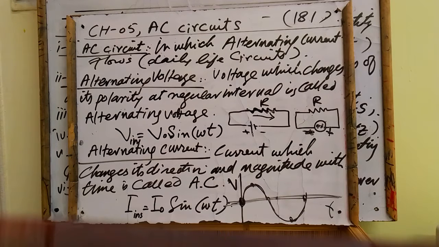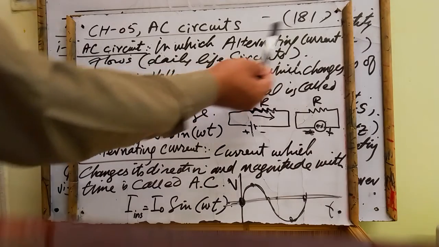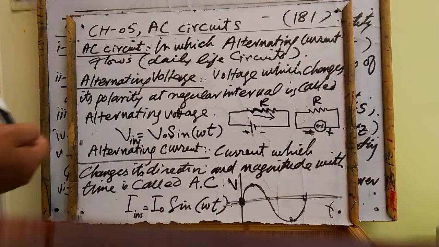Dear students, first of all, let me introduce you to the concept of AC circuits. What are AC circuits? AC circuits means alternating current circuits: the circuits in which alternating current flows.